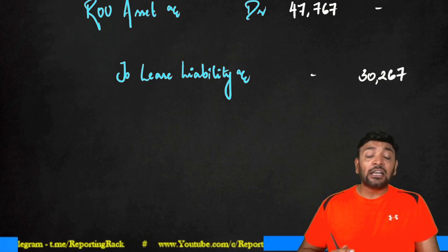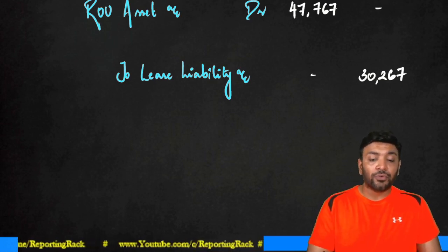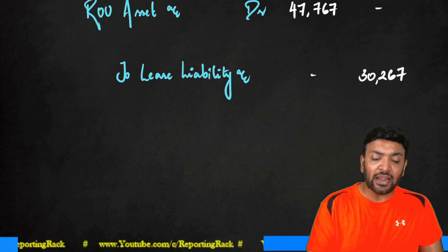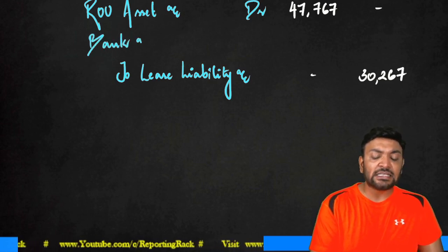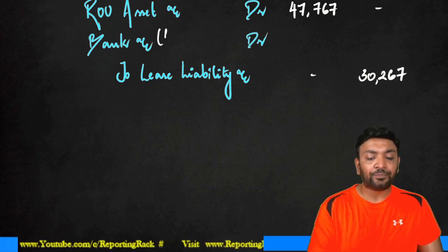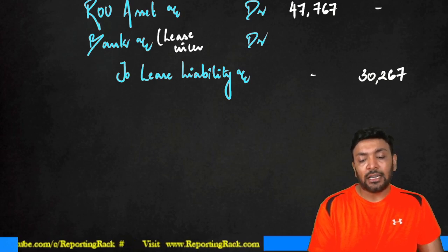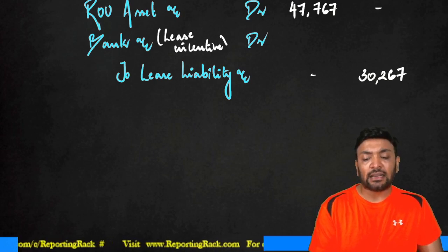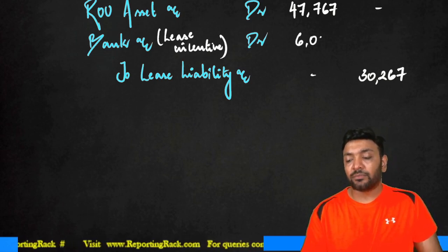Why? The entry did not tally because there were certain other adjustments also. To the extent of debit, I need one more debit, bank account debit for the lease incentive which I received. What is the lease incentive which I received? Lease incentive, debit the bank account which you collected from the lessor, 6,000.